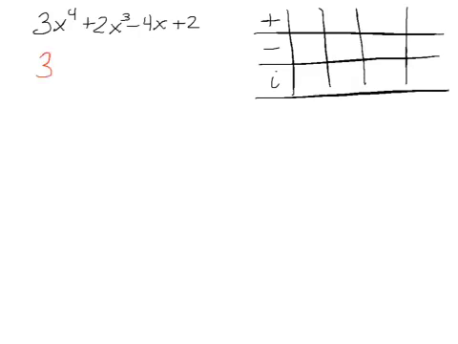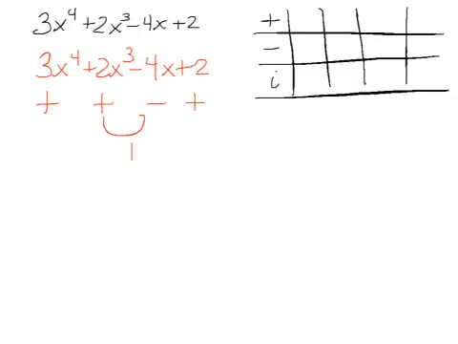We have 3x to the 4th plus 2x cubed minus 4x plus 2, plus, plus, minus, plus. So we're looking at 1 sign change. If we plugged in a negative, we have 3x to the 4th minus 2x cubed plus 4x plus 2. So plus, minus, plus, plus.